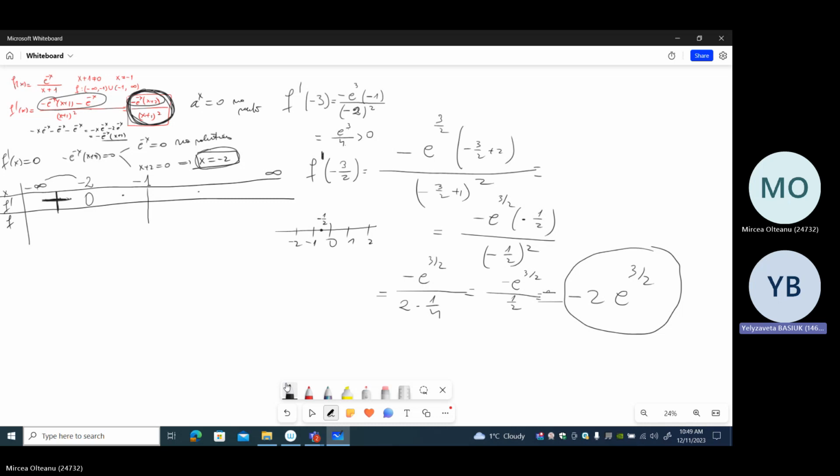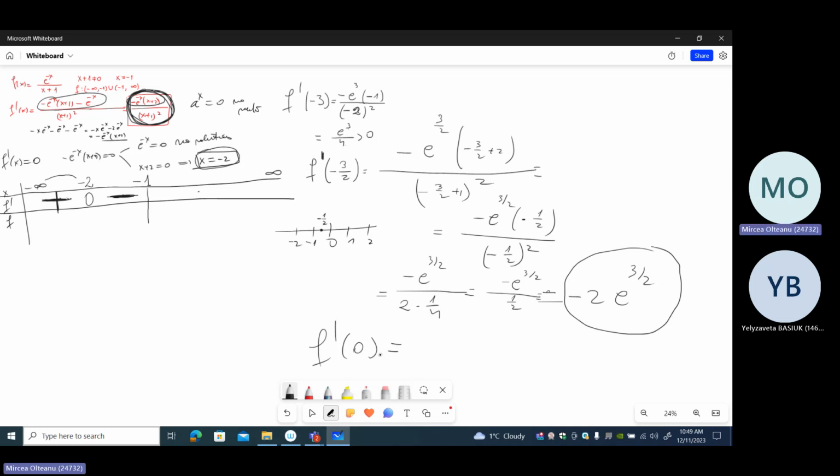I have the same. So here we got negative. And now on the interval minus 1, infinity. Tell me a number between minus 1 and infinity. 0. Very well, 0. It's the best. F prime of 0.